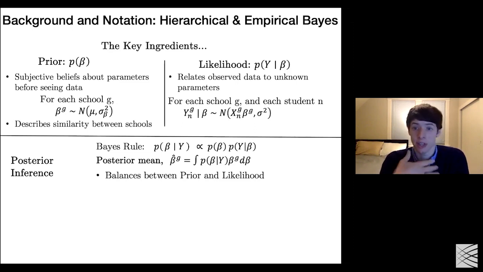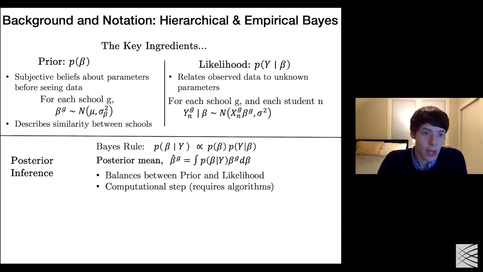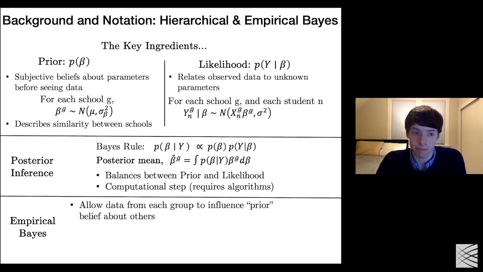Again, the idea is that this will balance between our prior and likelihood, and allow us to share strength. I'll mention this is the computational step. Computing integrals can be challenging, and that's what's going to require algorithms. We'll see that later in the talk.